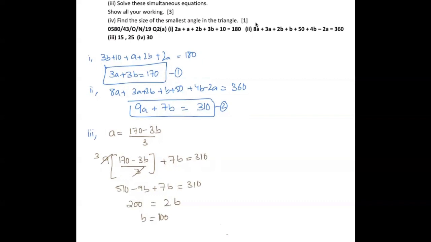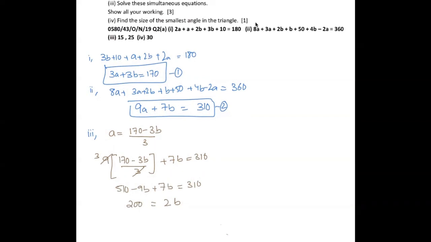No, my bad. So can you repeat the third part? Just a second. So that's 3 times 170 is 510 minus 9b plus 7b equals 310.